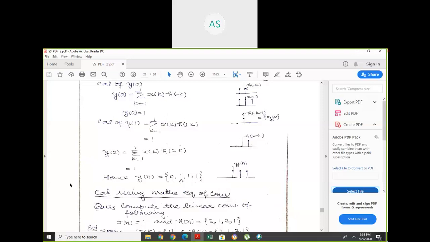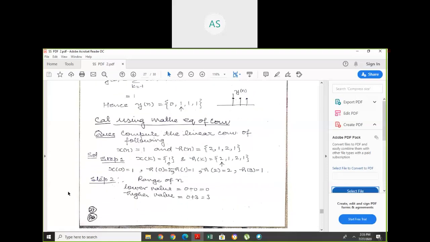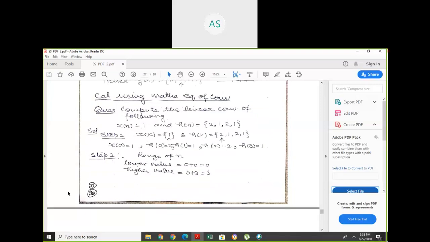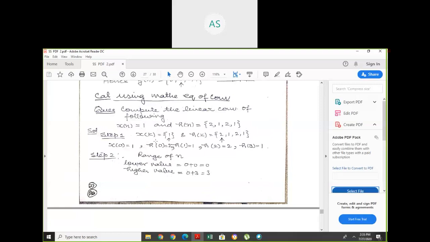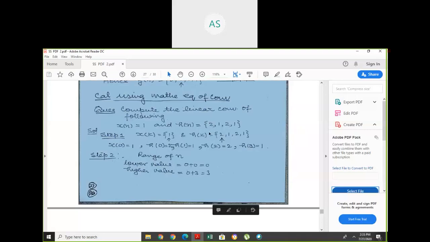This is the graphical method of convolution. Next is calculation using the mathematical equation of convolution. Substitute the linear convolution of the following. x of n is 1, 2, 1, 2, and h of n is 2, 1, 2, 1, and here is the arrow.